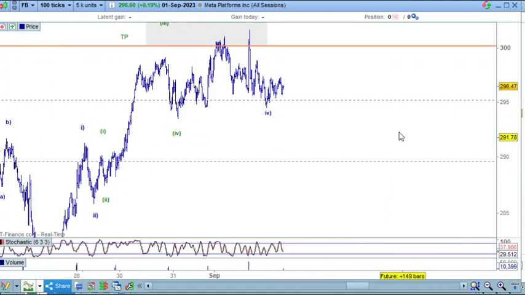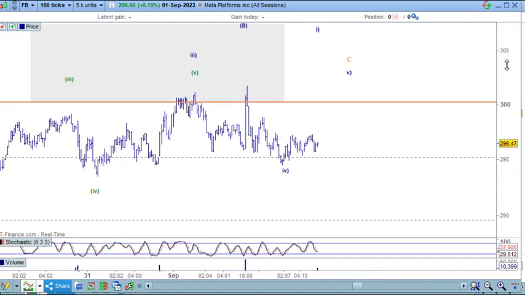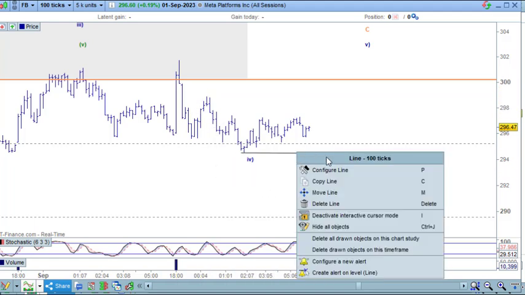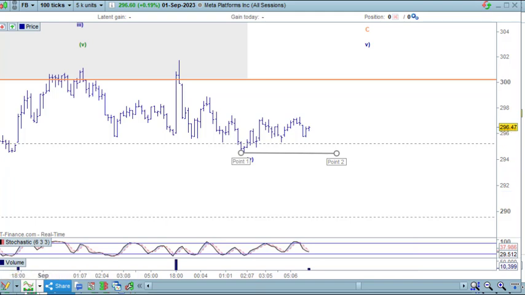So I think we've got a little bit to go to the upside here, but at the same time, we can look to short this under here. It looks like 3 waves here, so this could be corrective, but it's like the S&P in that the move down here, you could put it as 5 waves, but it doesn't do a very good job of it.